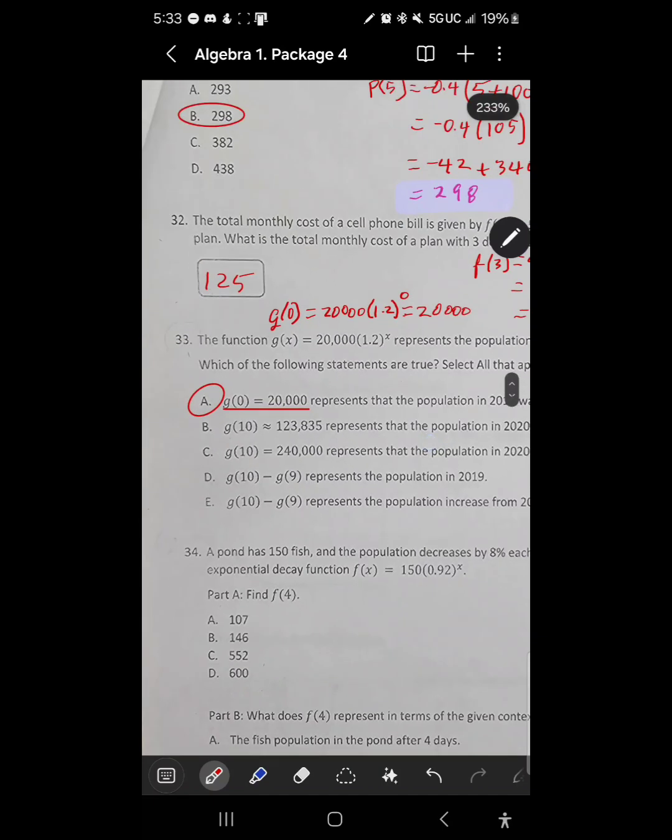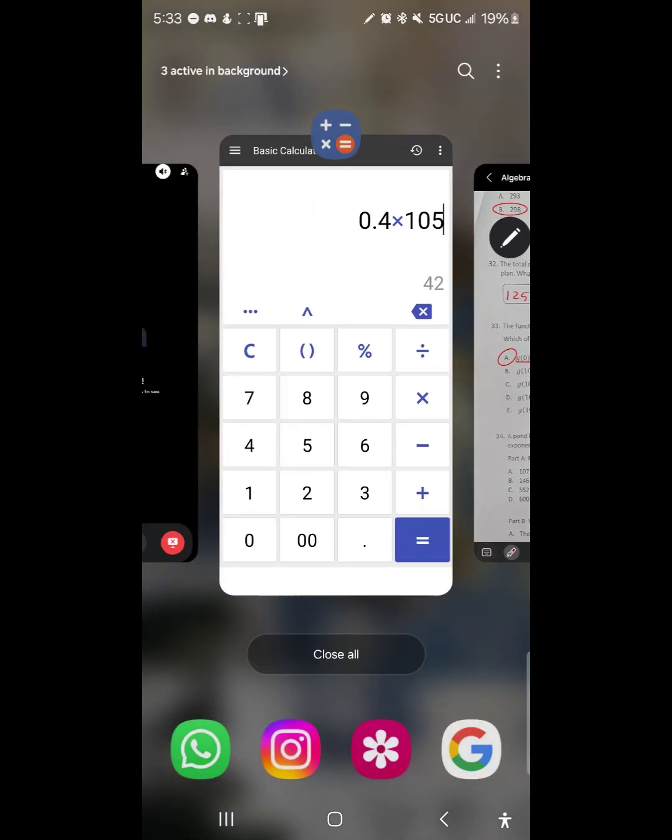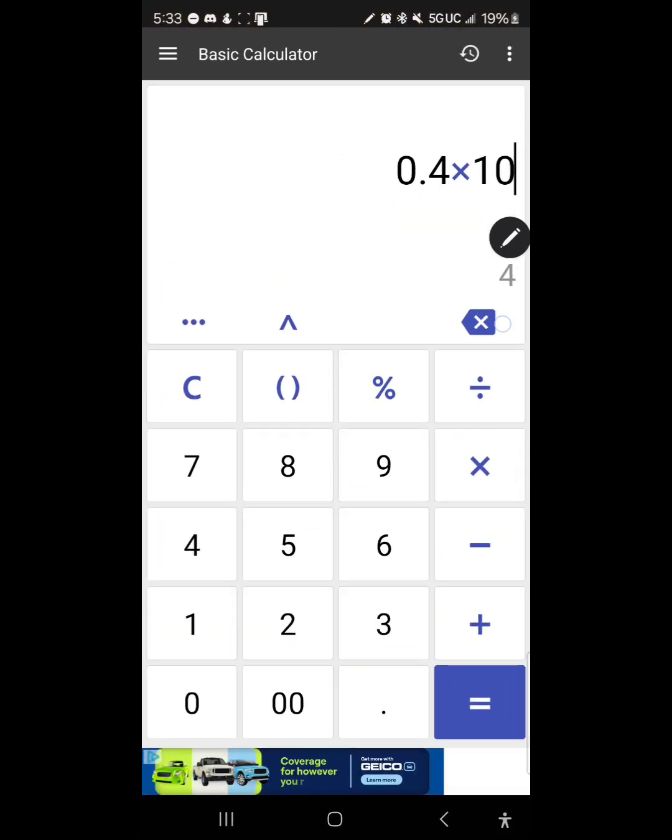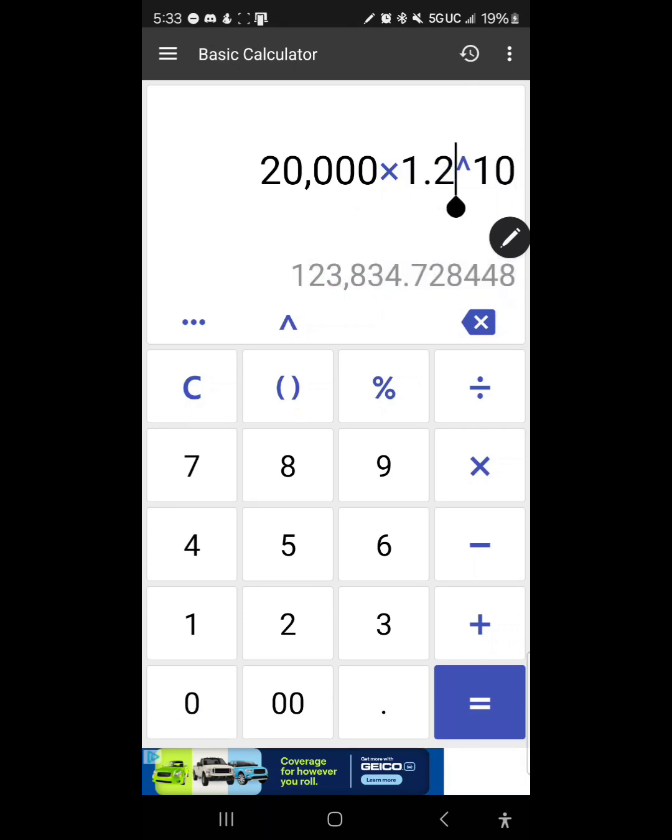Now let's see g(10). Let's calculate it. I'm just going to go to my calculator. We cannot do that by hand. So we have 20,000 times 1.2 to the 10, which is approximately 123,835, because it's 0.7, so we take one more.